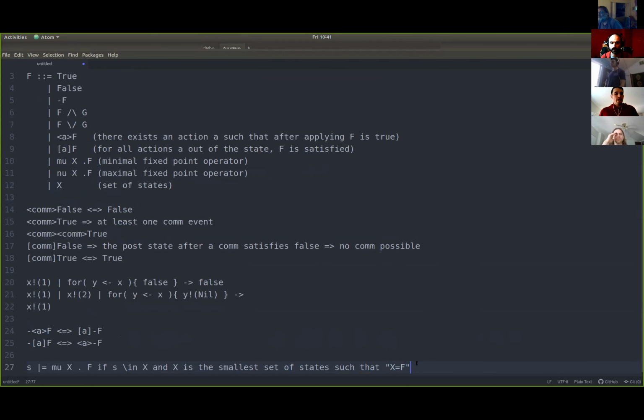We only have guaranteed existence of this smallest set, or this minimal fixed solution to the minimal fixed point operator equation, and vice versa for the maximal fixed point operator equation, if this operator is monotone, basically.